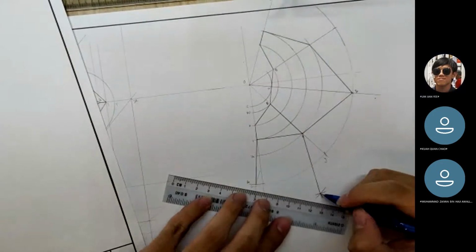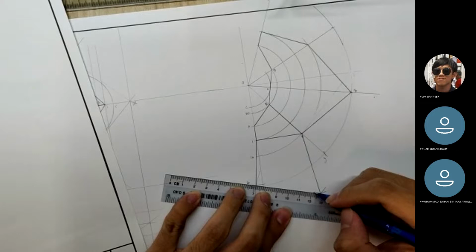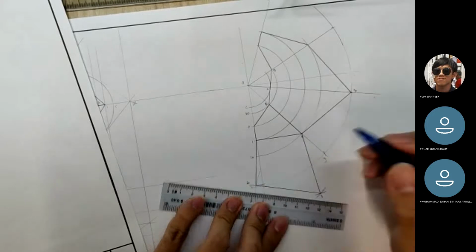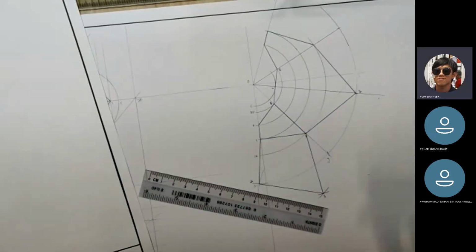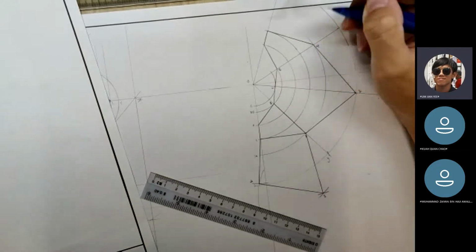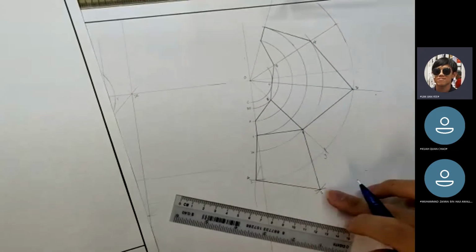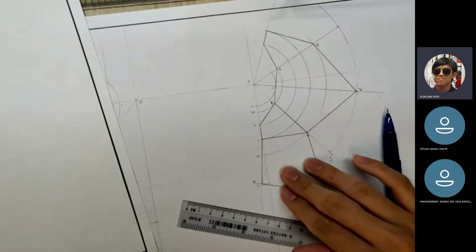Therefore, 3. Okay, and that will be your bottom cover. Well, magic. Do label your points, it will be helpful for you. 1, 2, 3, 4. So that is the bottom cover.